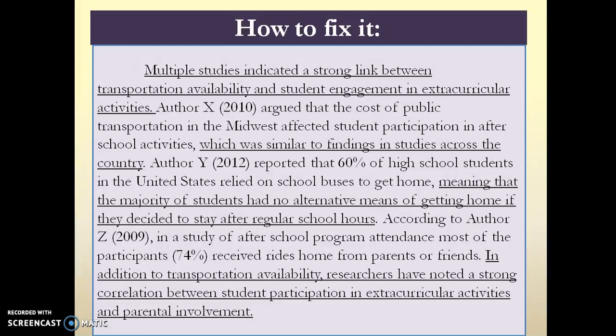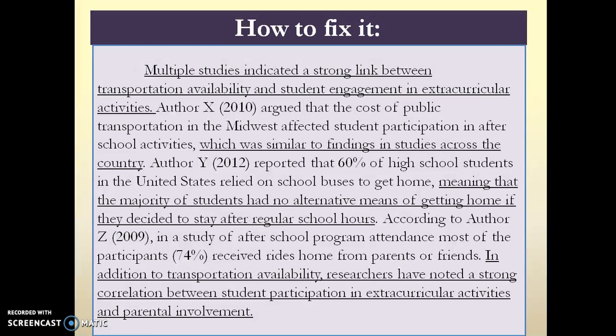Author Y reported that 60% of high school students in the United States relied on school buses to get home, meaning that the majority of students had no alternative means of getting home if they decided to stay after regular school hours. According to author Z, in a study of after-school program attendance, most of the participants received rides home from parents or friends.